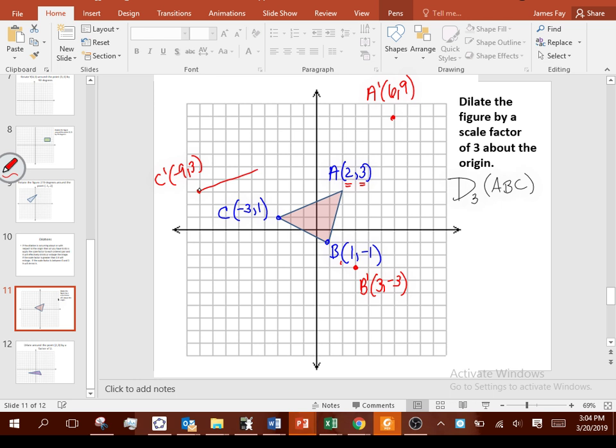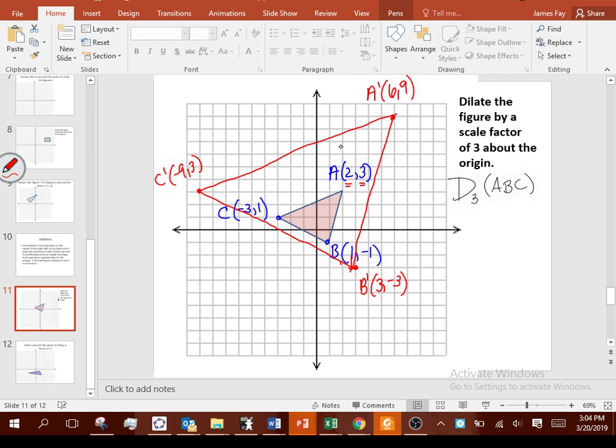All right, so is that shape the same shape? Yes, it's a triangle, right? Is it enlarged, though? Yes, okay. Now, what is nice about this is kind of interesting, and we'll talk a little bit more about this tomorrow.